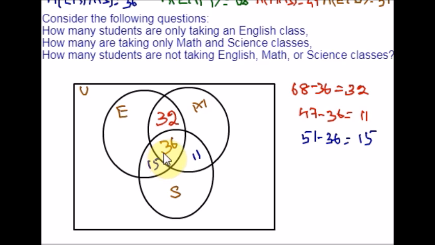Therefore, 92 students are taking at least an English class. It has been determined that 83 are taking another class while taking an English class. Am I right? So in order to find the total number of students taking only an English class, it is necessary to subtract 83 from 92.